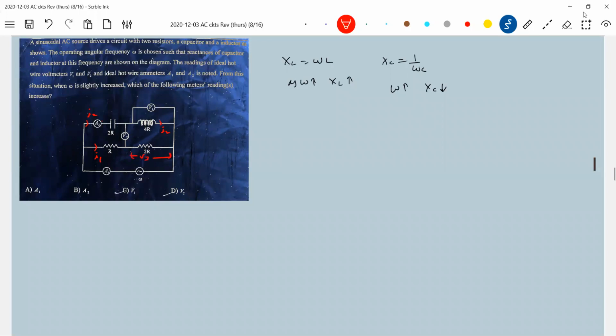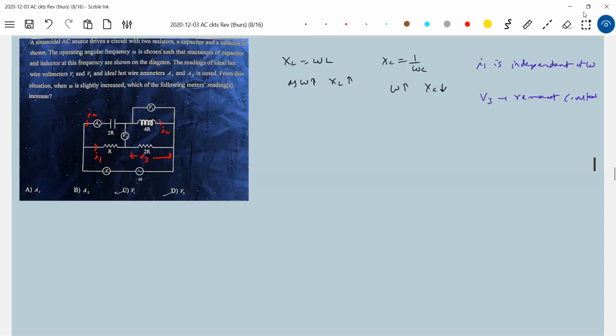There won't be a change in the current in this one, because as you vary omega, the current will not change. I1 is independent of omega. So what is V3? V3 remains constant. Now let's come to V2.